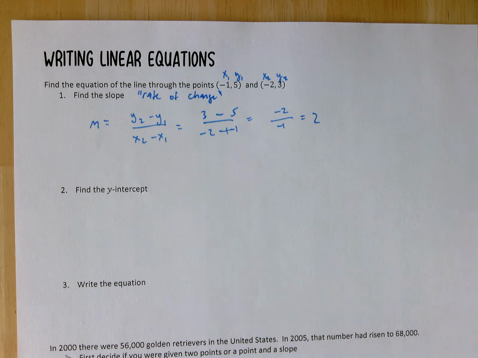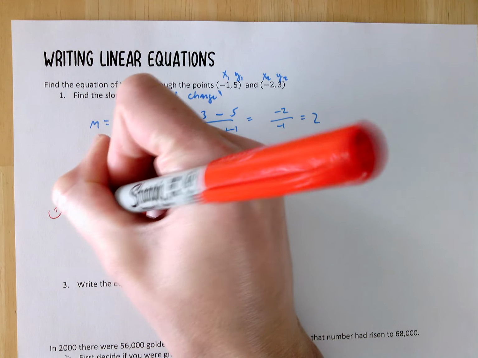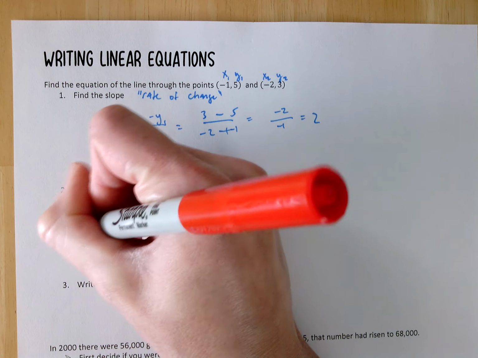All right, step 2 is we need to find the y-intercept for our line. Okay, so the first thing you want to do is check to see if you already know it.